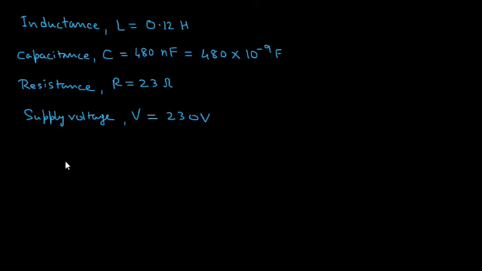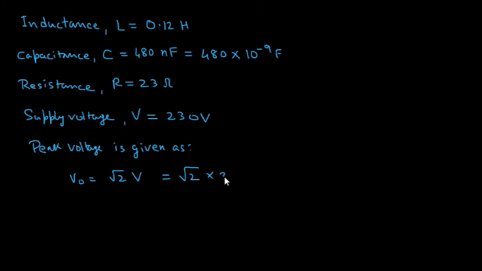Peak voltage is given as V naught equal to root 2 V, which is root 2 multiplied by 230 volt, that is 230 root 2, which is equal to 325.22 volt.